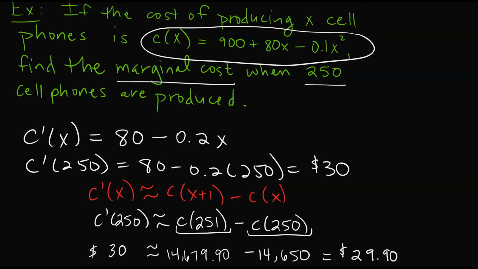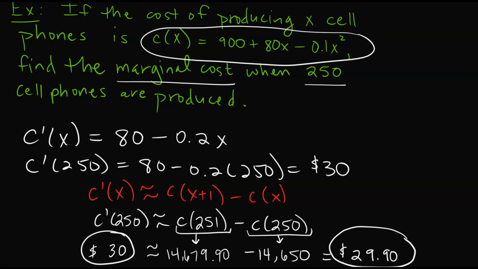And when we do that, we see that 14,679 represents the cost of producing 251 items. Our 14,650 represents the cost of producing 250. So it cost $29.90 to produce the 251st item, and that was pretty reasonably approximated by our derivative at 250.